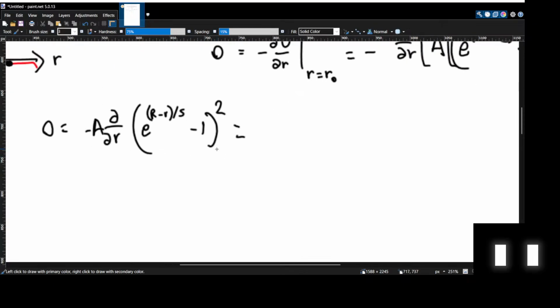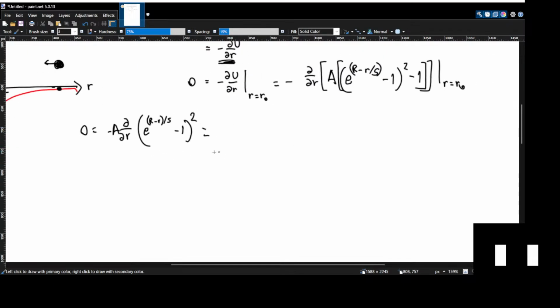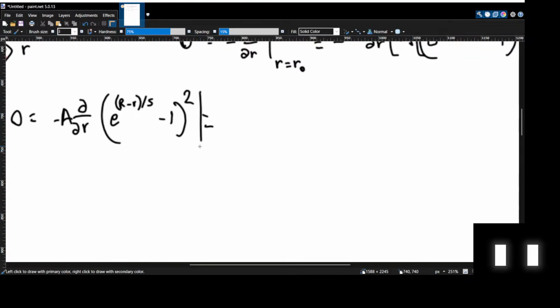And that is, of course, evaluated at R equals R naught. That would be equal to what? I'll just use the chain rule.